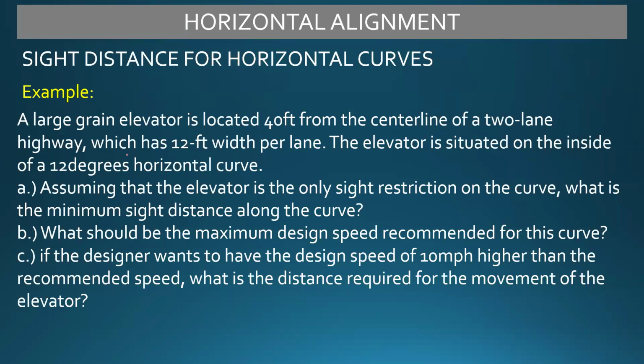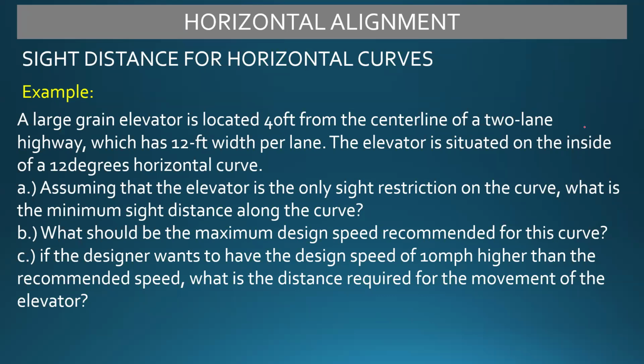Okay, so what are our givens? Our highway curve has a central angle of 12 degrees. And a large grain elevator is located 40 feet from the center line of a two-lane highway.